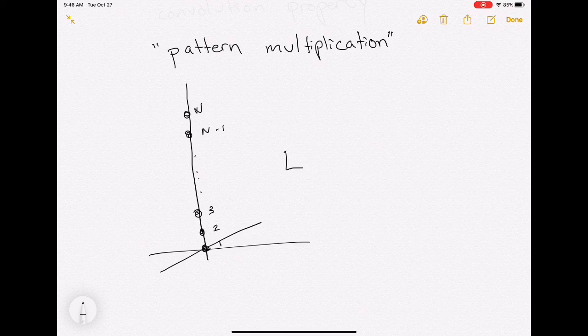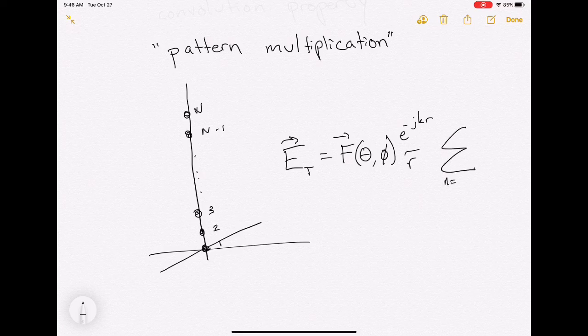Then the total electric field is going to be equal to that same single element pattern times e to the minus jkr over r times a sum from n equals 1 to big N of e to the jk (n minus 1) d cosine theta. This is the array factor. In this form, it doesn't tell you a whole lot.